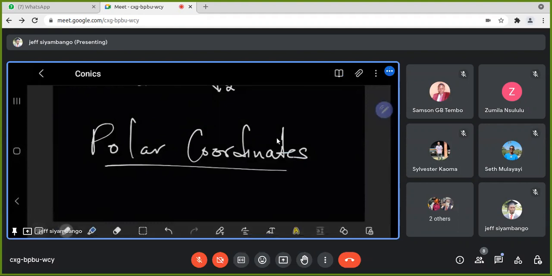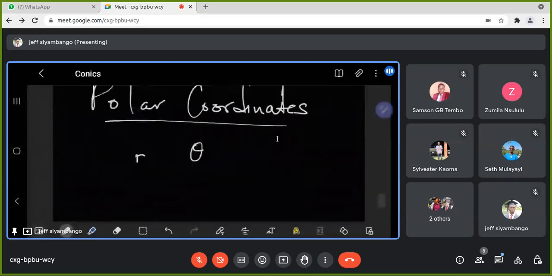It might be beneficial to represent a conic section in its polar form. In polar form, we will only be interested in the radius of whatever we're dealing with and the angle through which we are rotating. But of course, we know the relationship.